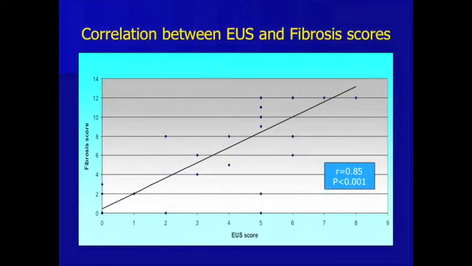All in all, there are 9 EUS criteria for chronic pancreatitis, and an increasing number of EUS criteria corresponds well with an increasing fibrosis score.